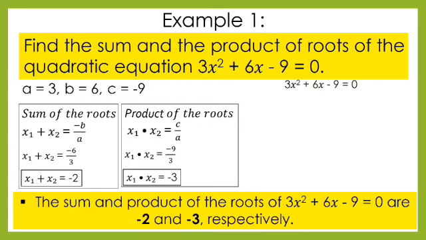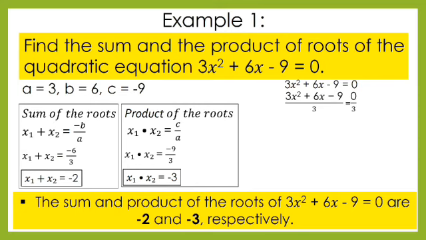Let's do the method of solving quadratic equations by factoring to check if our answers are correct. Let's factor 3x squared plus 6x minus 9. But before that, we will divide both sides by 3.